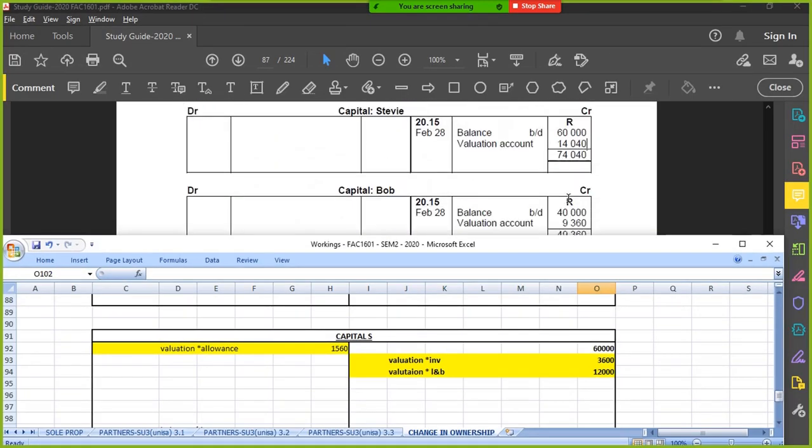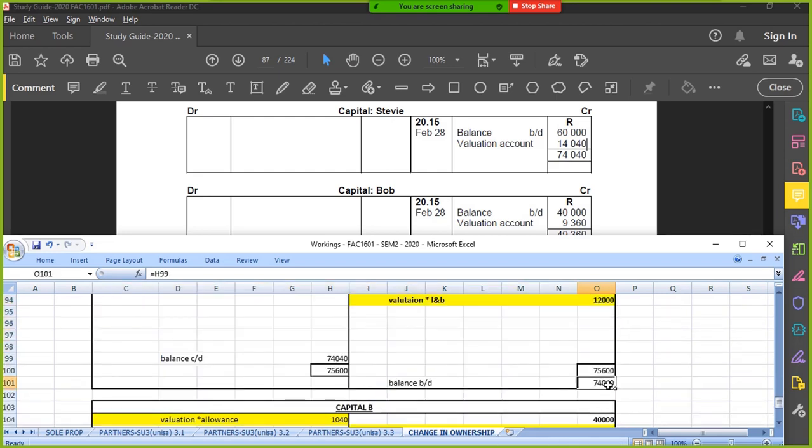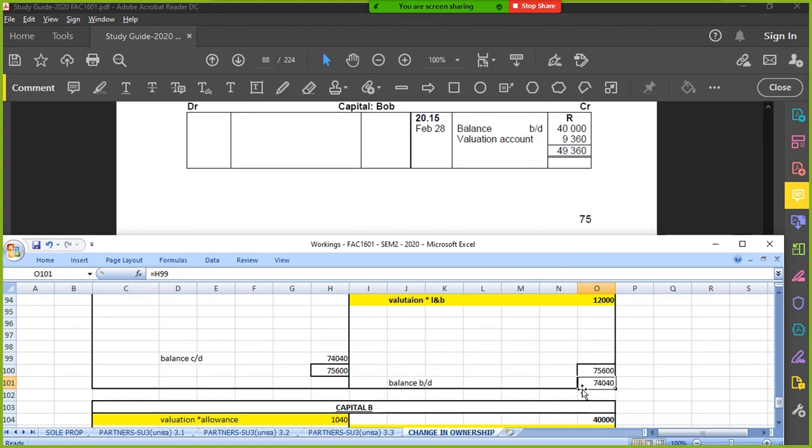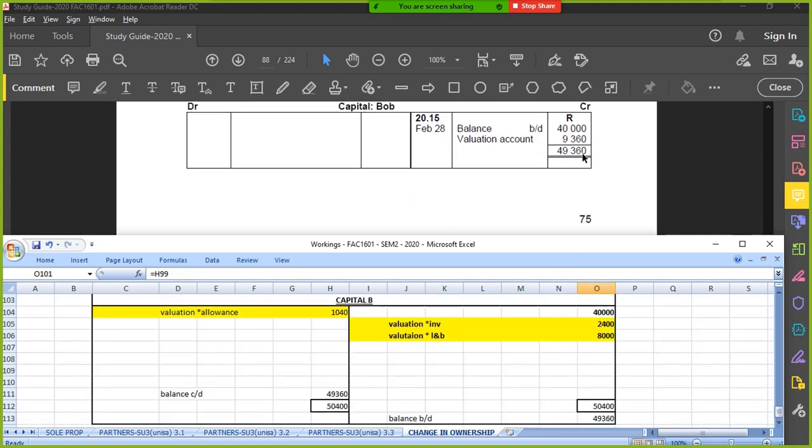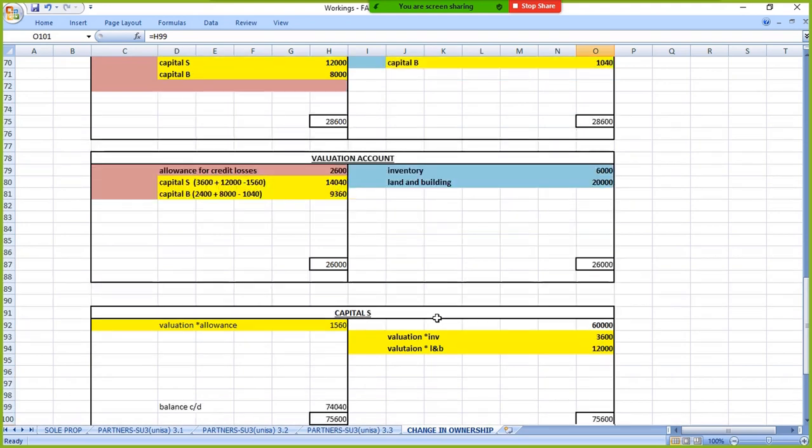Let's see. Yeah, there's capital S. So Stevie had 74040. There it is. Do you see it? And yes, Bob had 49360. Do you see that? Yeah. Okay. Are you happy with that? Does that make sense? It does.